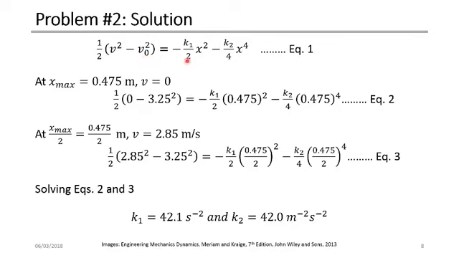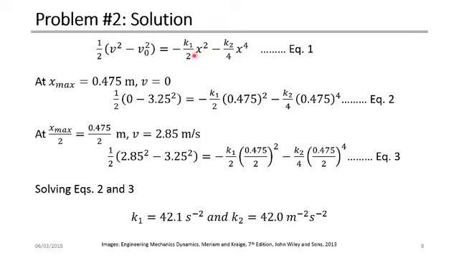So if you look at equation number 1 here, you'll find that on the left hand side you have velocity squared. If the velocity here is in meter per second, and because it's squared, it is meter squared per second squared. So each term on the right hand side here must be meter squared per second squared.